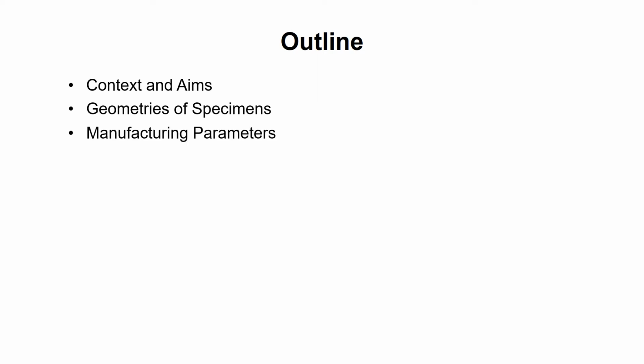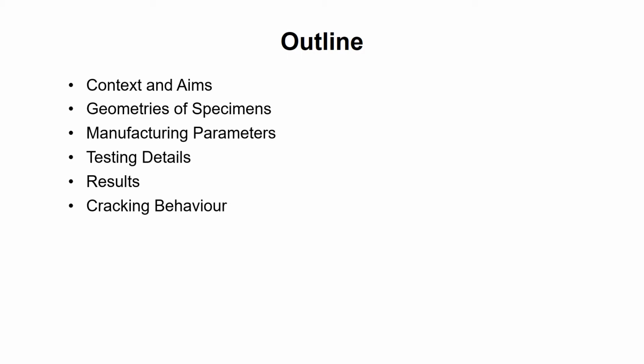So, the outline of this presentation is as follows. I will start off with the context and aims of the project. Then, moving on to the geometries of AM-ABS specimens, as well as showing the manufacturing parameters. Then, I will explain the testing details, discussing the results and cracking behavior of the specimens.